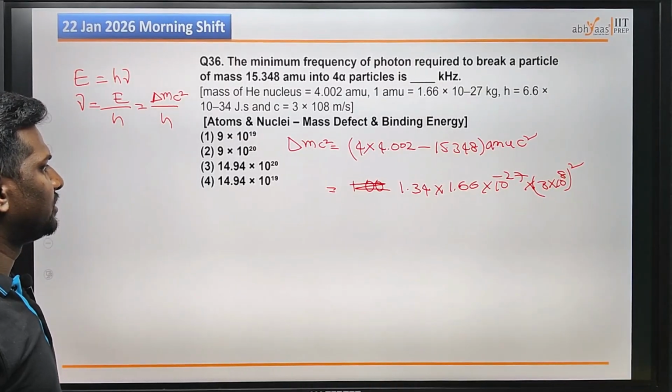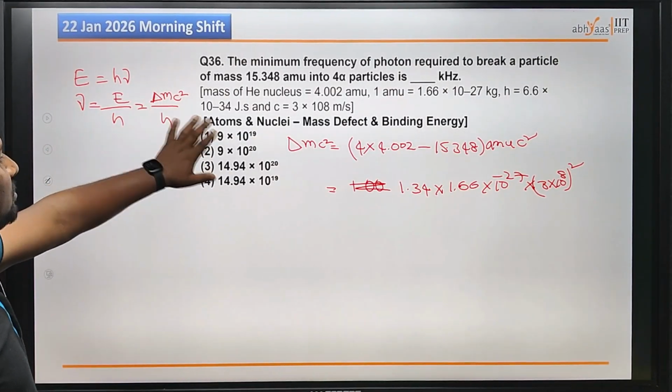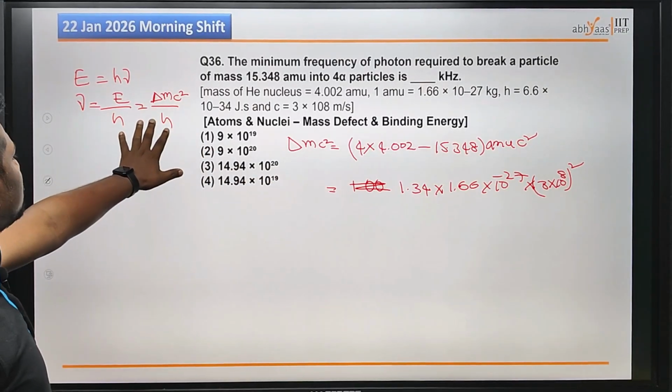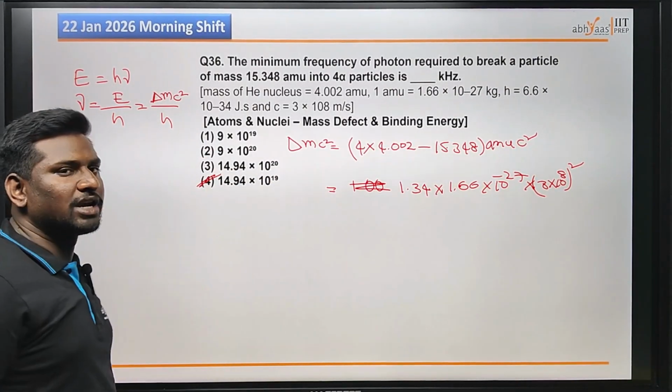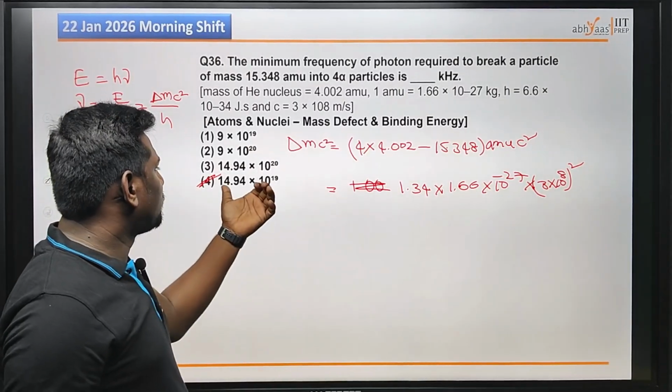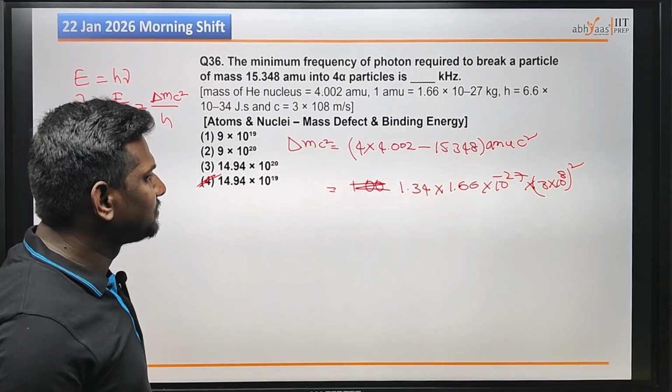So if you substitute these values of delta m square in this equation, after calculation, you will get the answer 14.94 into 10 to the power 19.